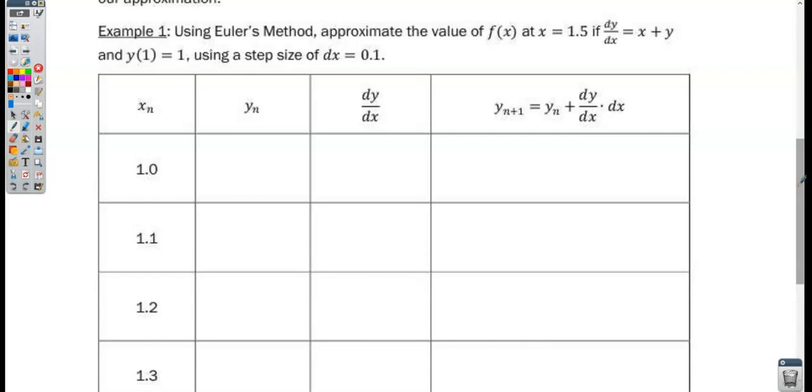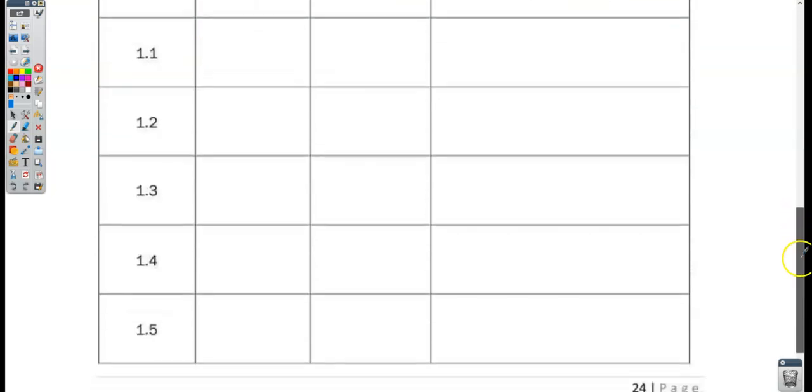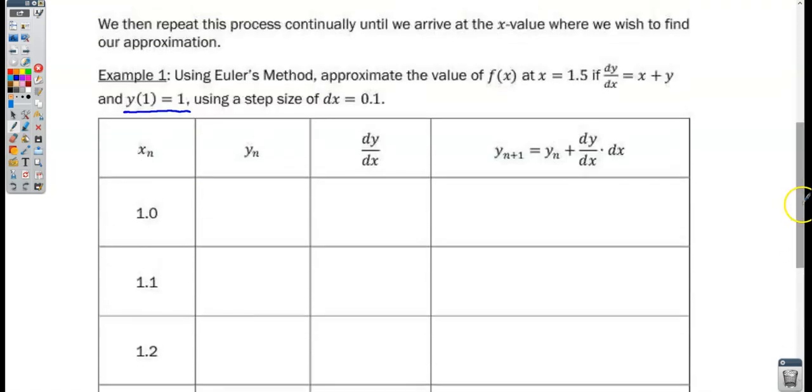I'm a big table-using guy for Euler's. Some people will just use equations, but I really like to use a table to help me organize my Euler's information. I always organize it into 4 columns. My x sub n column has all my x values, starting at the initial x value, which we got from here, and going all the way down to x equals 1.5, where we wanted to find our approximation.